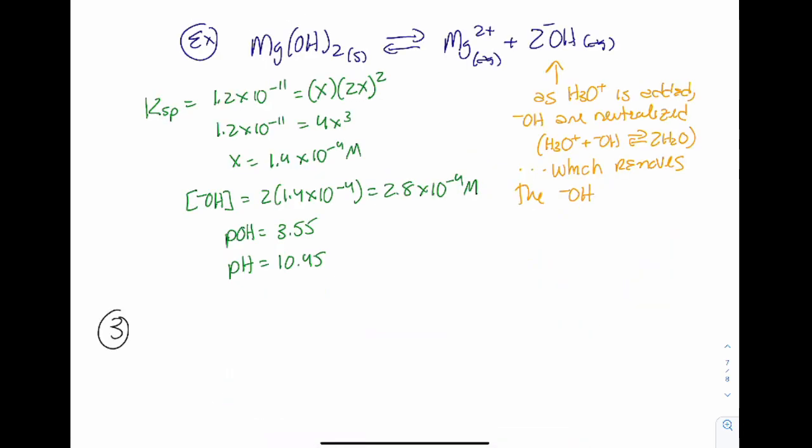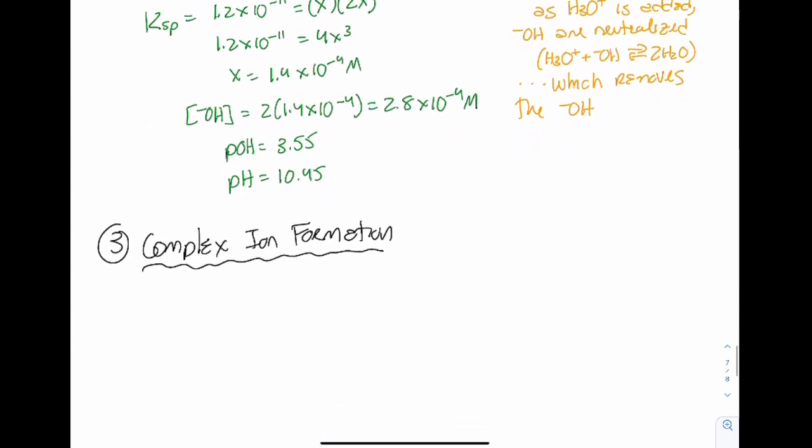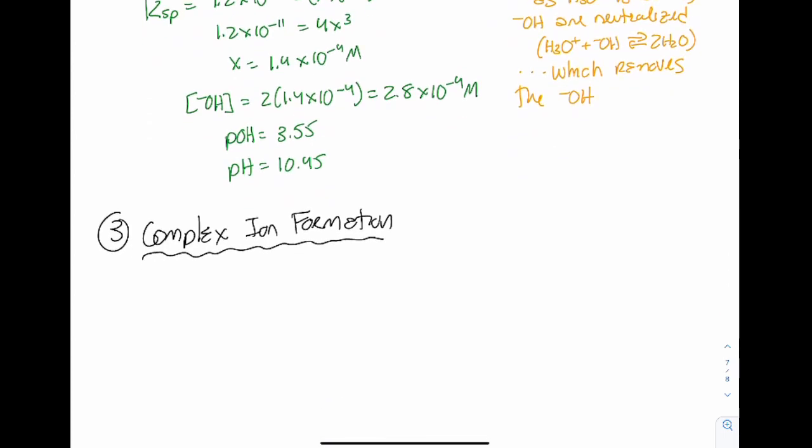Number 3 is the formation of complex ions. So complex ion formation. And I'm going to write the effect here, but I will come back and explain what a complex ion is, I promise.